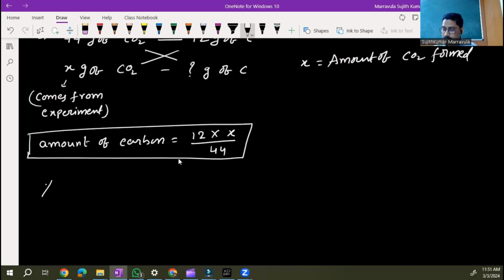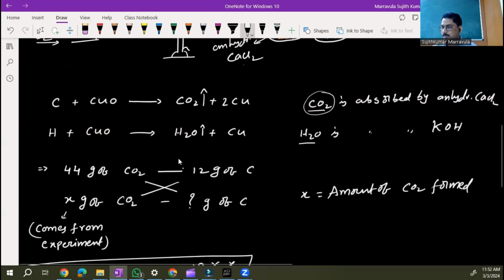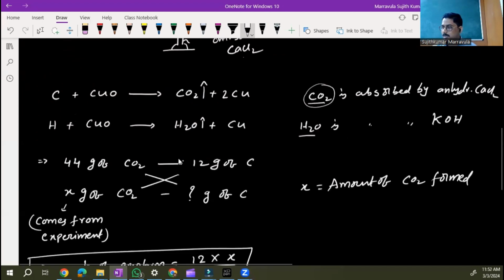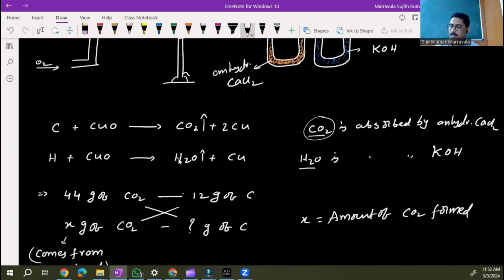And now we should find out the percentage of carbon. How can we find out the percentage of the carbon? This is the amount of carbon which the organic compound contains.